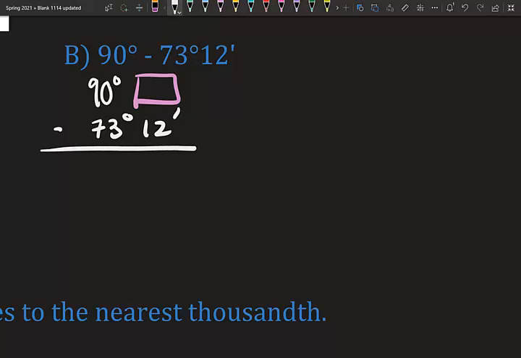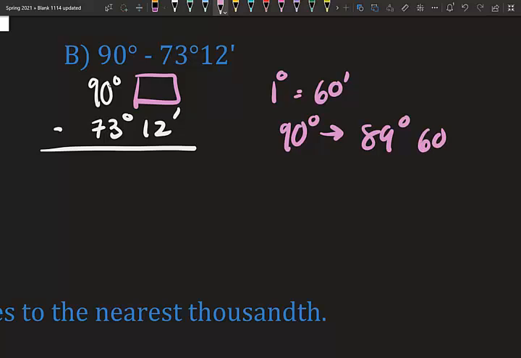So what we do is we know that 1 degree is 60 minutes. So what I'll do is change 90 degrees to 89 degrees and 60 minutes.